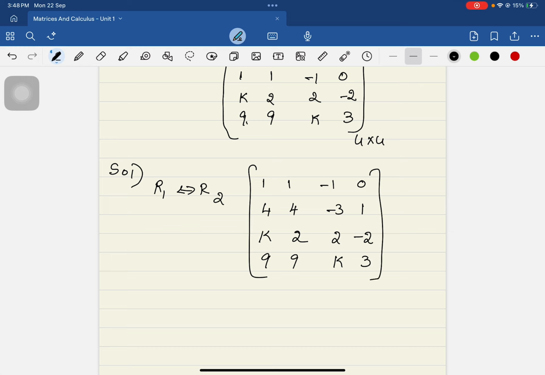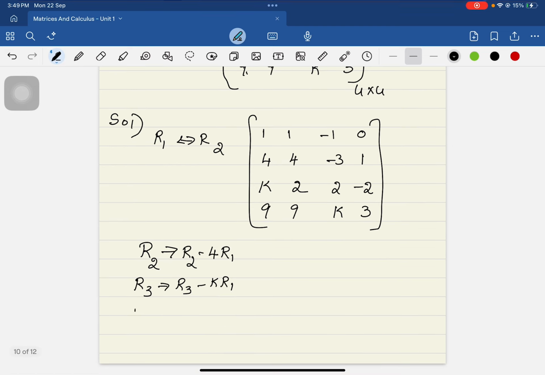Now our job is to make this position and this position zeros with the help of the first one, the A11 position. So we take R2 changed as R2 minus 4R1, R3 changed as R3 minus k times R1, and R4 changed as R4 minus 9 times R1. When we do this operation, the first row will be as it is. 4 minus 4 is 0, 4 minus 4 is 0.